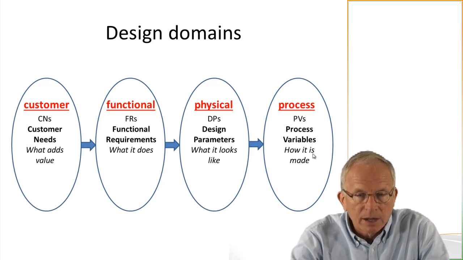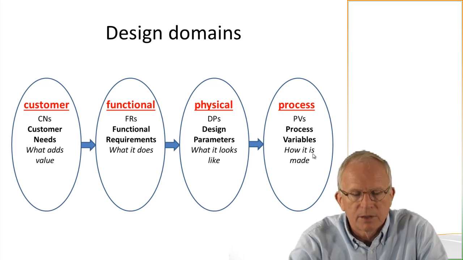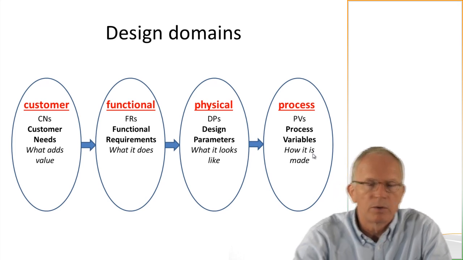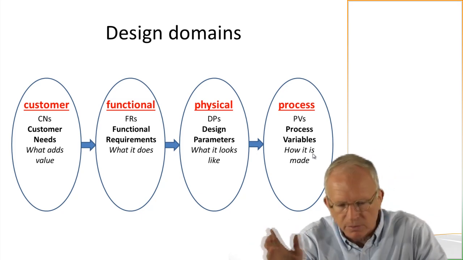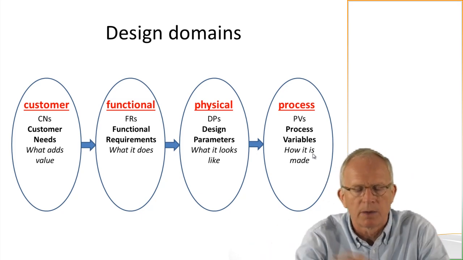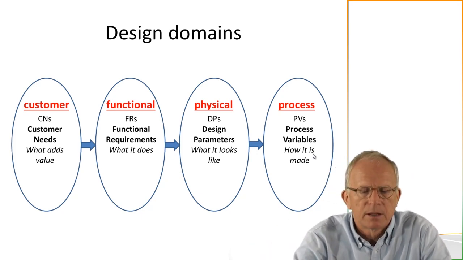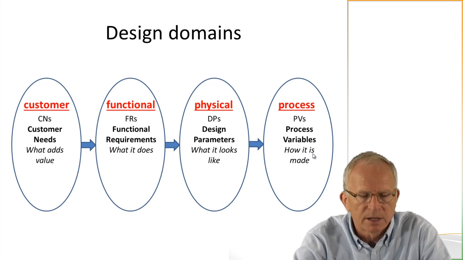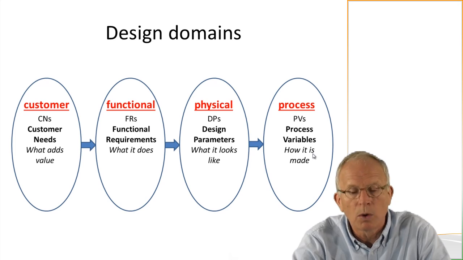Now don't get hung up on the names. There are some people that say, oh no, we can't have the functional requirements there. These aren't really functional requirements. This describes what it does, and it comes from the customer needs. You could really call it anything you want.